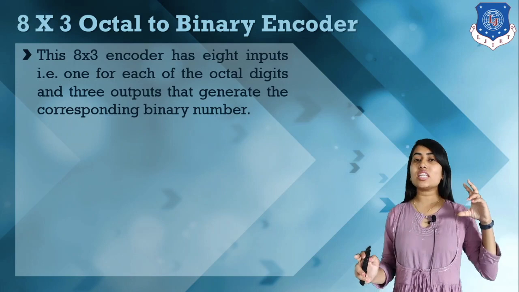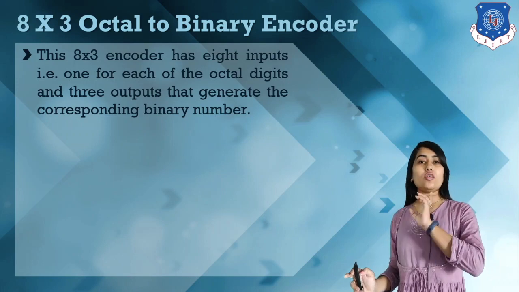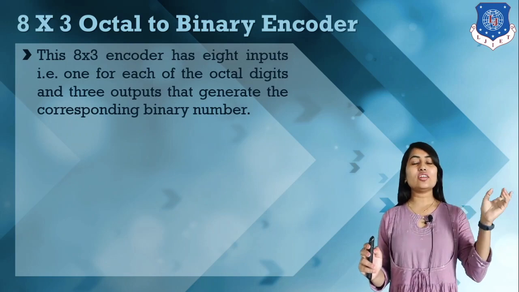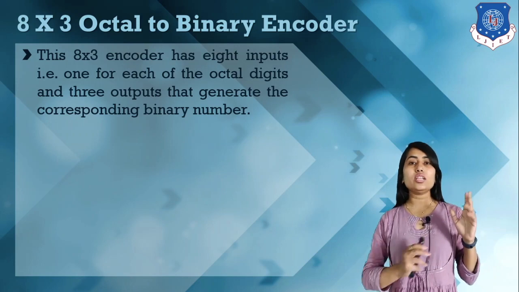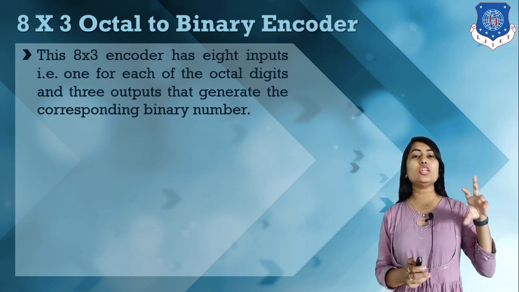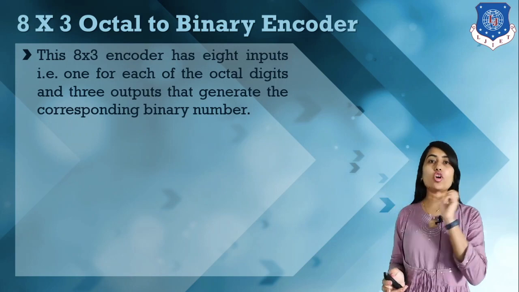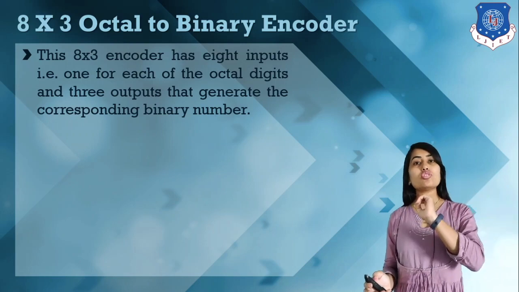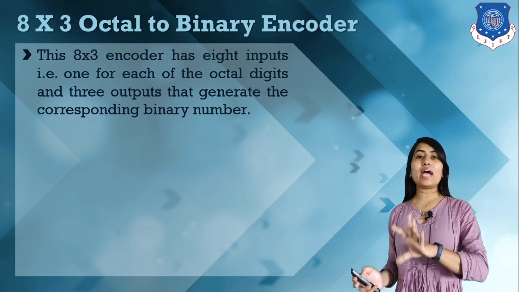So these 8 data lines are encoded into 3 bits of data. That means we have 8 octal values, and these 8 values are converted into 3 bits of binary. That's why it is known as an octal to binary encoder.